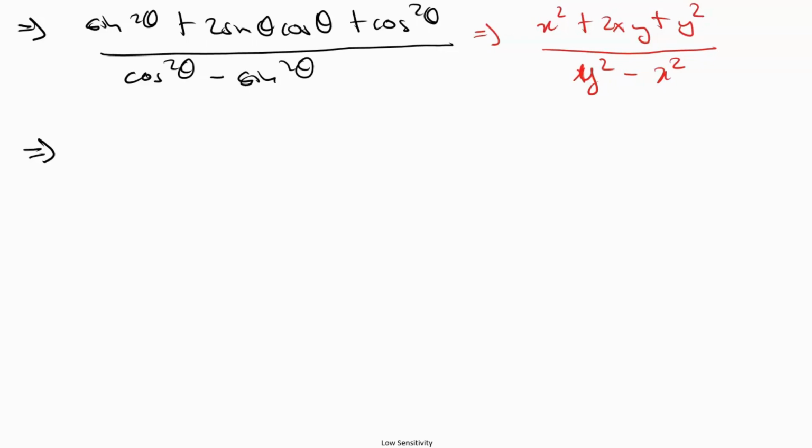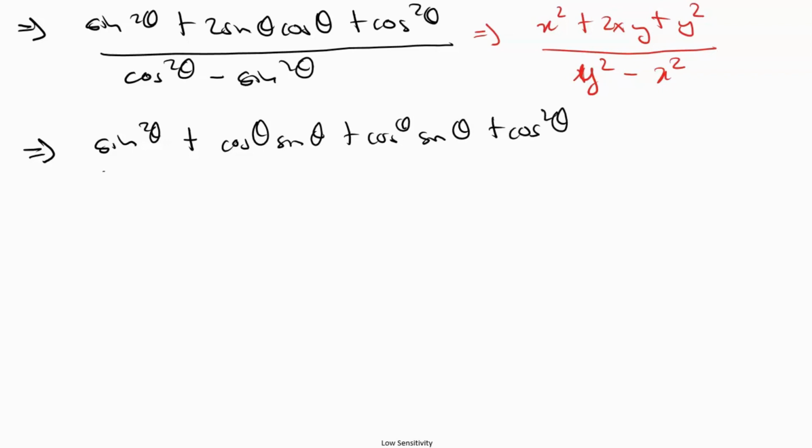So we can rewrite this as sine squared theta plus cosine theta sine theta plus cosine theta sine theta plus cosine squared theta all over y squared minus x squared.